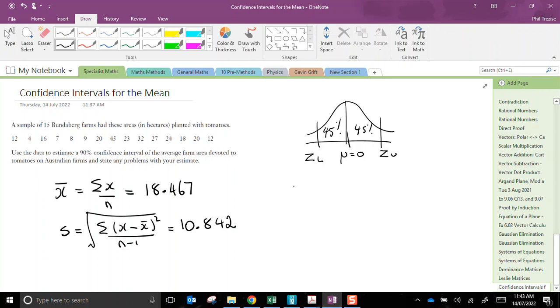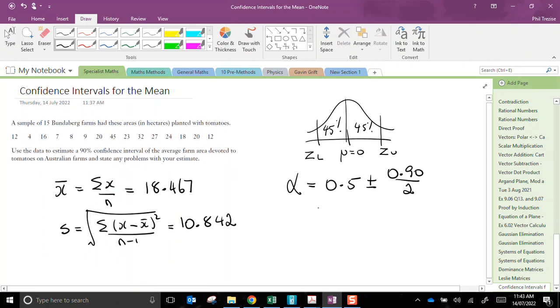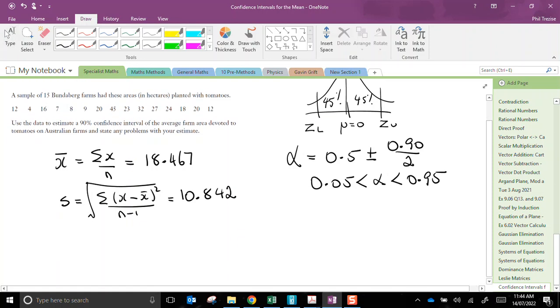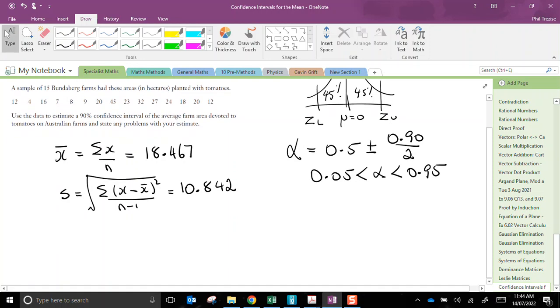So remembering that alpha is the cumulative area from the left tail, that would be 0.5 plus or minus the original 0.9 divided by 2. So I have here that the quantile at the lower limit would be 0.05, and then it would range all the way up to 0.95. It would be good to turn those into Z scores, wouldn't it?